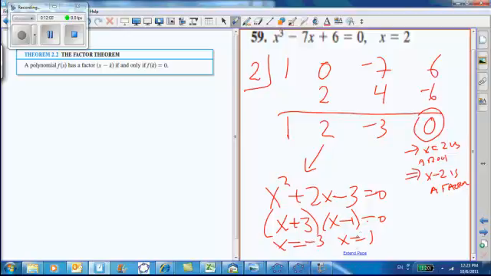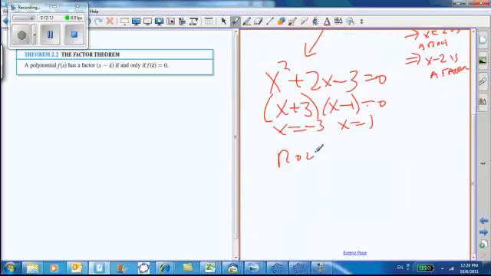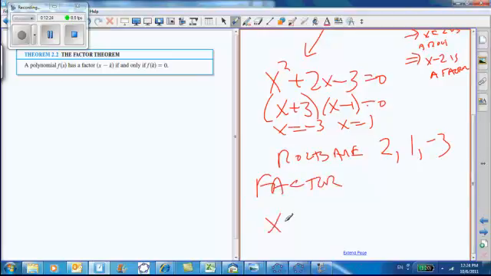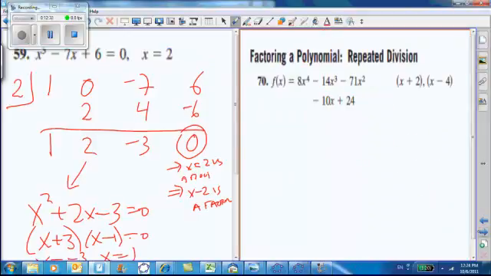And there's two things we get out of this then. We can say that all the roots are the one we're given, 2, plus the ones we found from the depressed equation. And if we want to factor the whole thing, we know that x minus 2 is a factor, and also we have the factoring here of x plus 3 and x minus 1. Synthetic division is so handy.